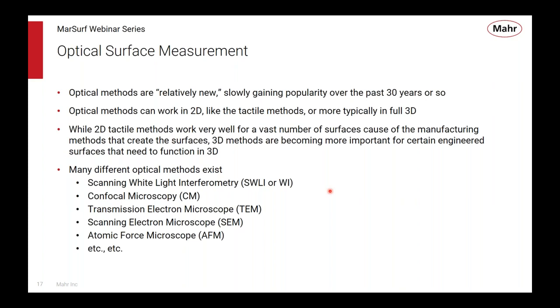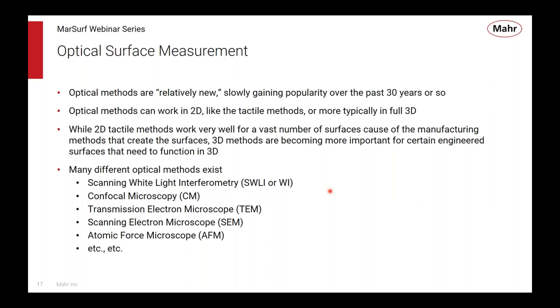But as engineers, we get smarter every year, and we develop more complex surfaces that are supposed to have certain functional characteristics, and we put coatings on these surfaces to allow them to have certain characteristics, whether they be friction or anti-friction coatings, wear coatings, or whatever they might be.